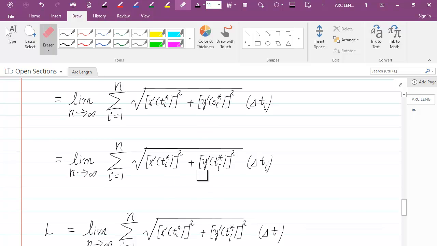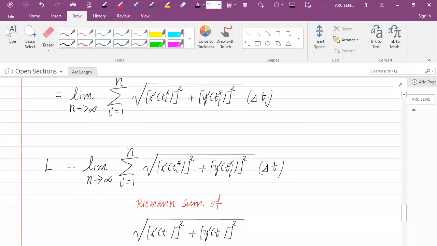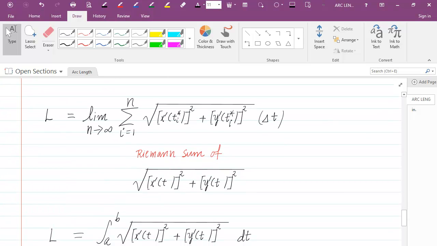And now what we have obtained is that the length of the curve is the limit as n goes to infinity of the summation i going from 1 up to n, root of x prime of t_i star squared plus y prime of t_i star squared times delta t.